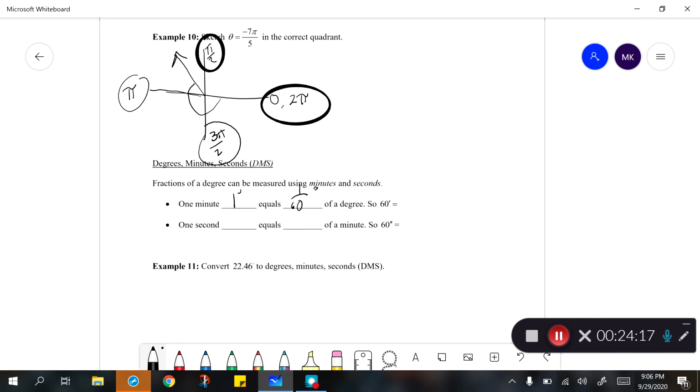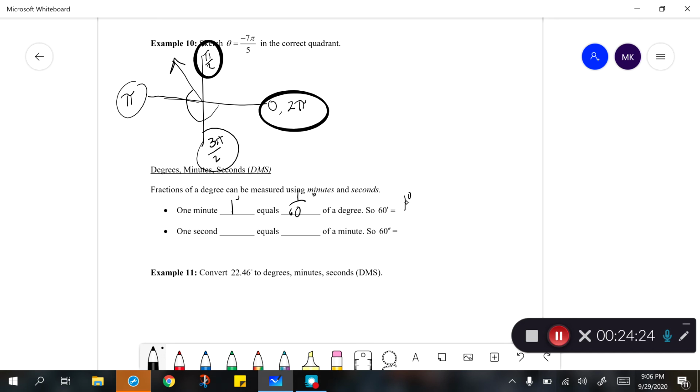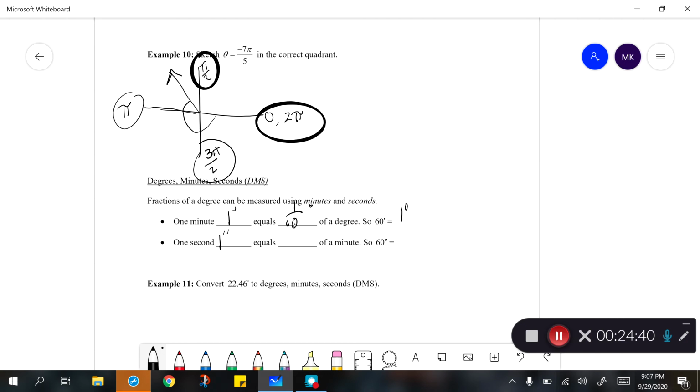So that means 60 minutes is just 1 degree. 1 second, which is 2 apostrophes, is 1/60th of a minute.